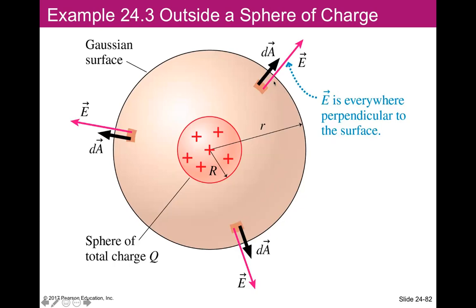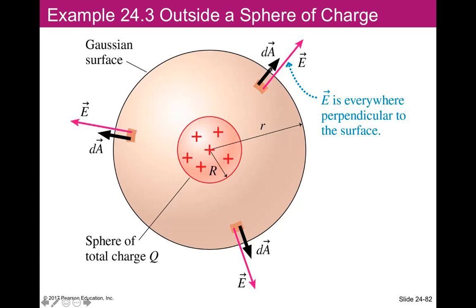It's similar to the point charge. For a point charge, we know we can make a Gaussian surface, which is a sphere, centered at the point charge. Now, in this case, let's still make a Gaussian surface. It's a spherical surface, but it's centered at the center of this sphere of charge.